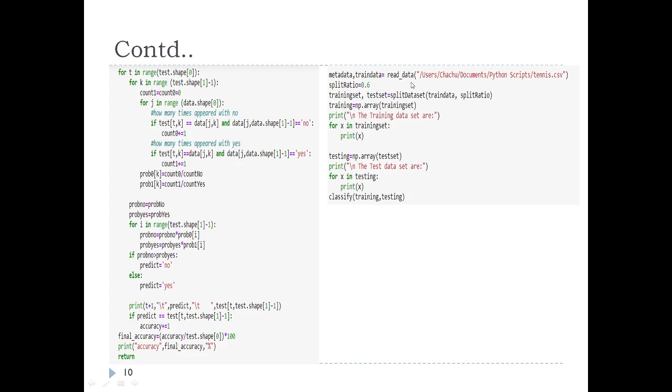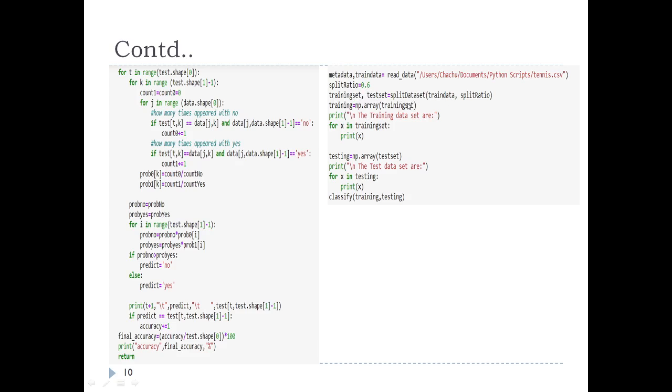Next, we are just reading the data set, which is a CSV file. The read data function will return metadata and training data. Once you read the CSV file as a text file, we will split that data into two parts, a training set and a test set, using the split data set function.